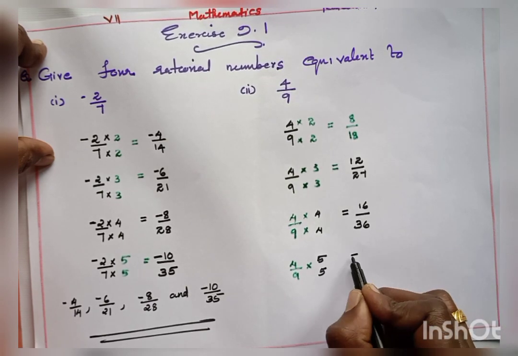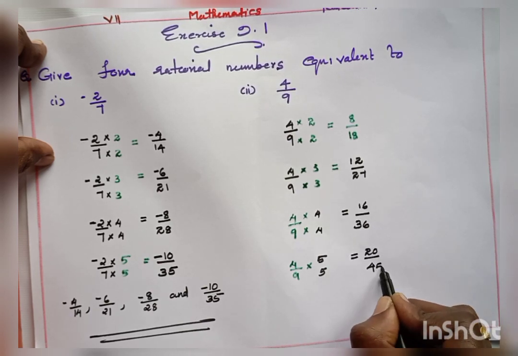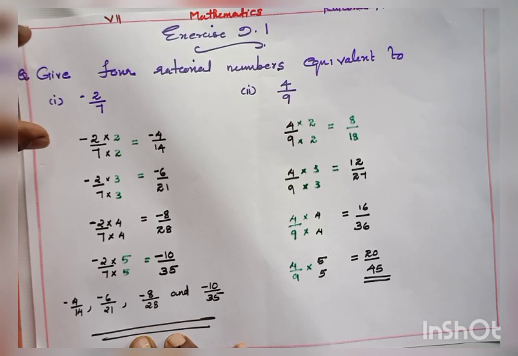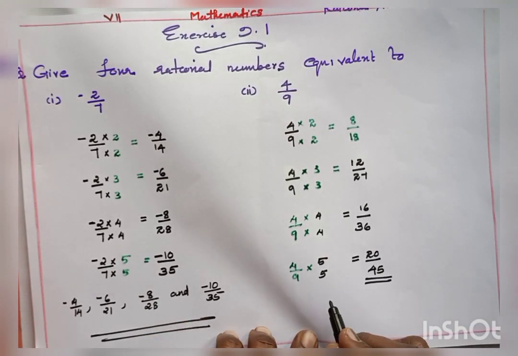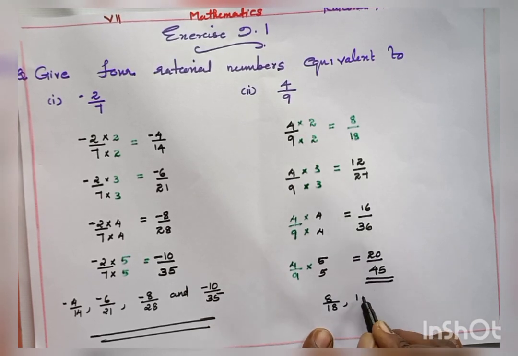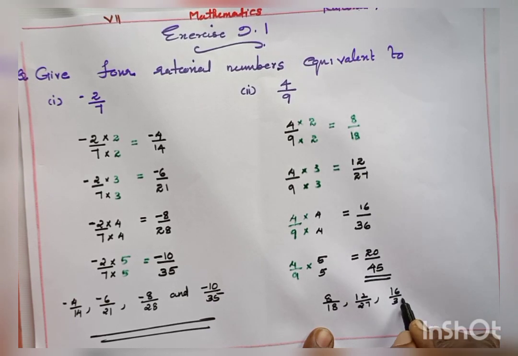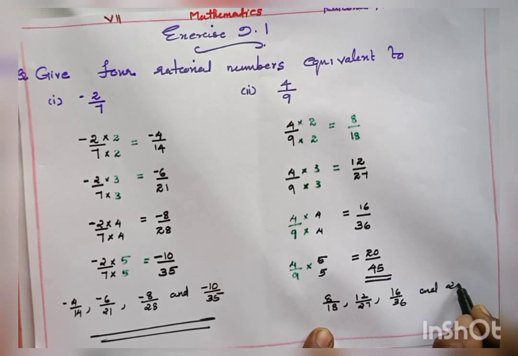We get 4 into 5, 20, 9 into 5, 45. So the equivalent rational numbers of 4 by 9 are 8 by 18, 12 by 27, 16 by 36 and 20 by 45.